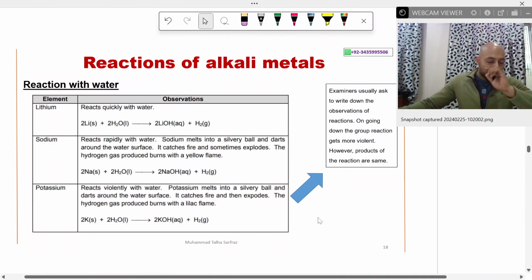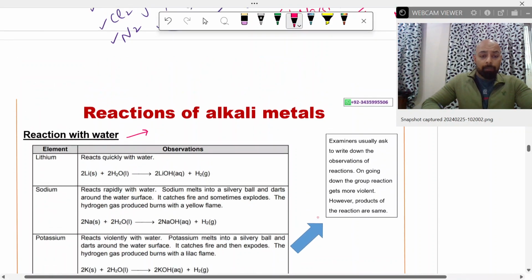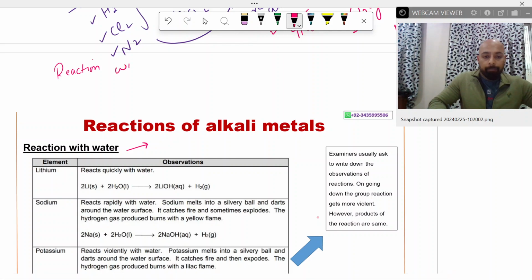Reactions of alkali metals. One more thing: whenever you are reacting them with water, just remember that alkali metals react with water to produce two things. Okay? Two things, right? You can first of all write down the general equation ताकि आपके लिए understanding develop हो जाए उसकी. Let's say we have reaction with water. ठीक है, we have an alkali metal.